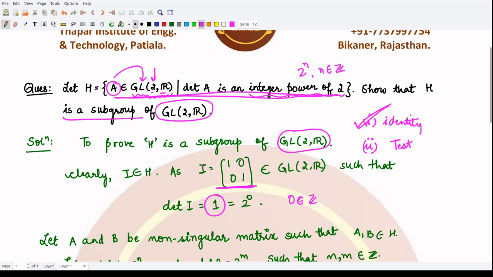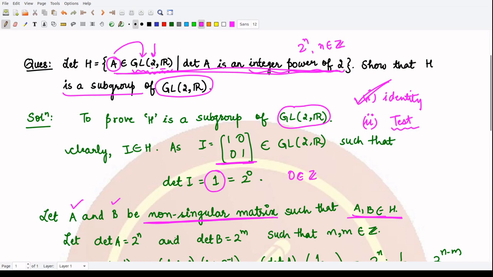For the second condition, we have to check the subgroup test. For that, we need to consider two matrices A and B. We are taking the matrices to be non-singular because we want the inverse of matrices, and the inverse exists only when the matrices are non-singular, such that A and B are present in H. So when we consider A and B as members of H, the determinant of A would be some power of 2, and the determinant of B would also be some power of 2.